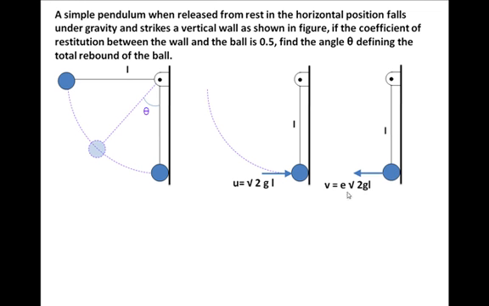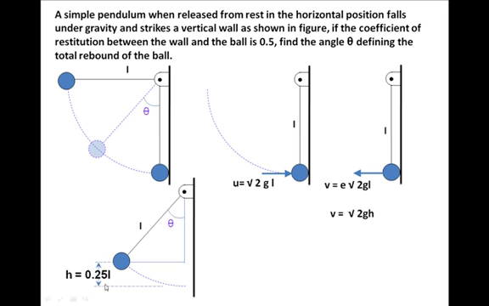This aspect of collision with an infinite body we have done in previous videos. So here we'll just accept that it rebounds with e times √(2gl). Now when it rebounds, it goes up to some height h, and that height h will be related to this v by again √(2gh). So if I equate e√(2gl) with √(2gh), I can work out h, which comes to 0.25 times L.